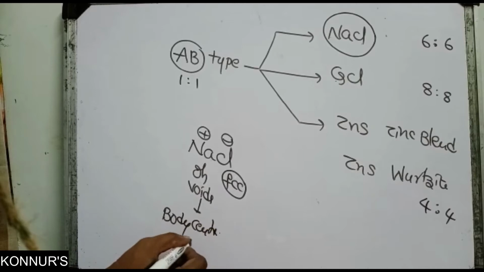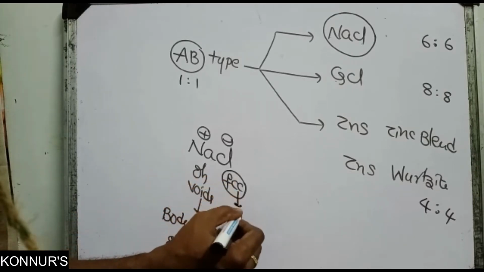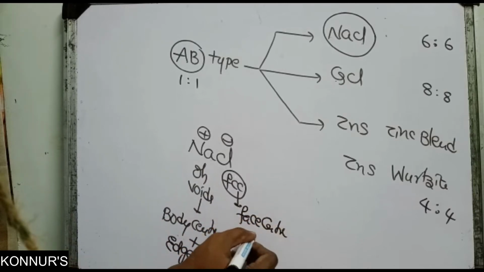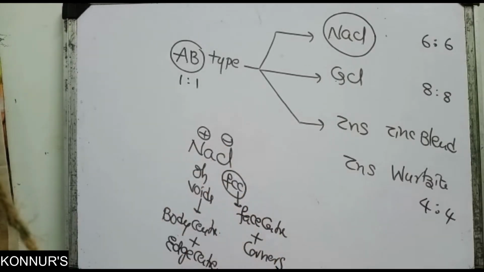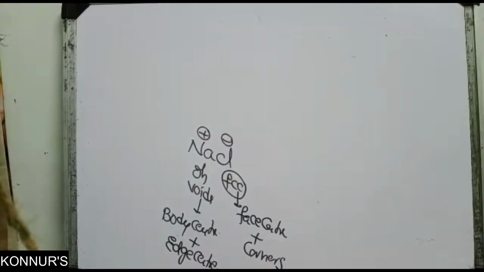Body center plus edge center locations. Next, FCC points mean face center plus corners. So here we are discussing NaCl. This is more important. Many times in many exams, they will ask about NaCl only.